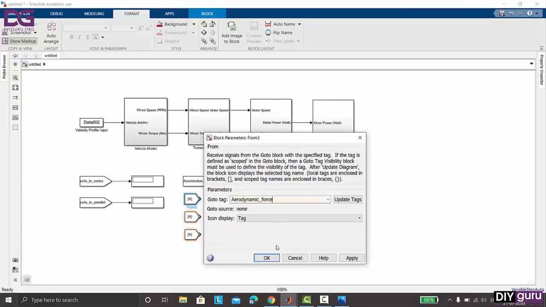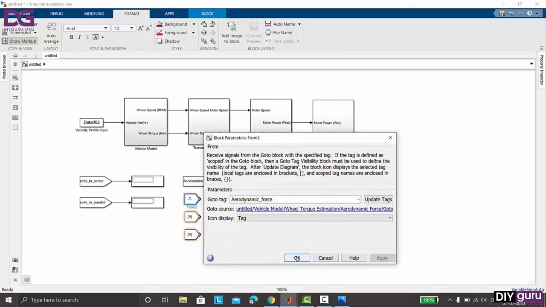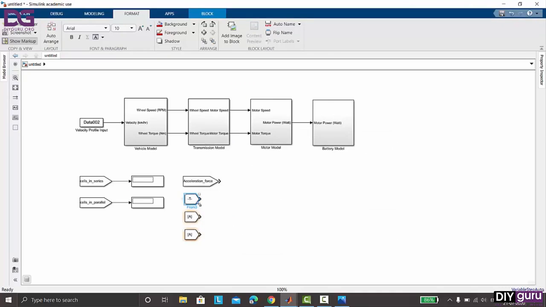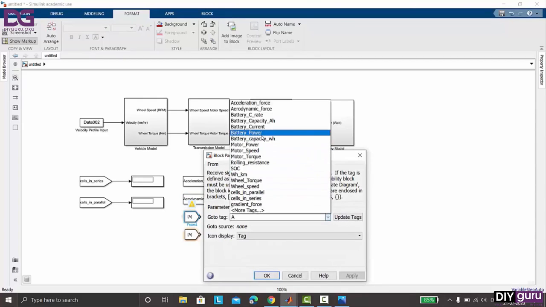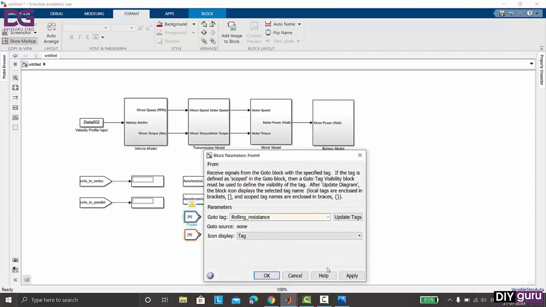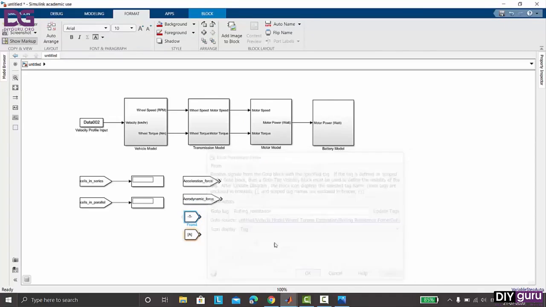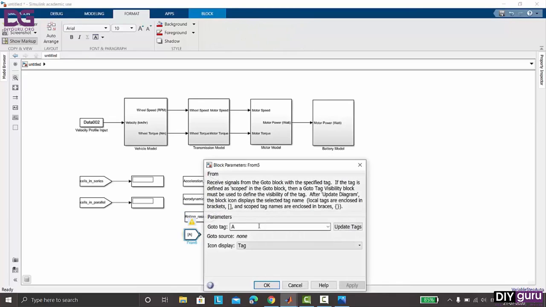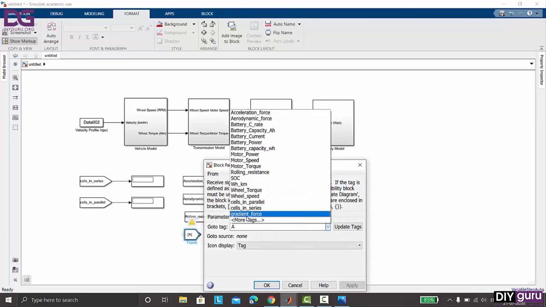Next is aerodynamic force. Next is rolling resistance force. And the last one is gradient force.